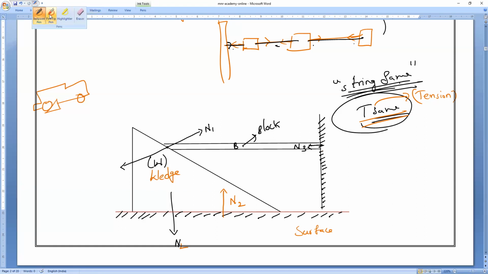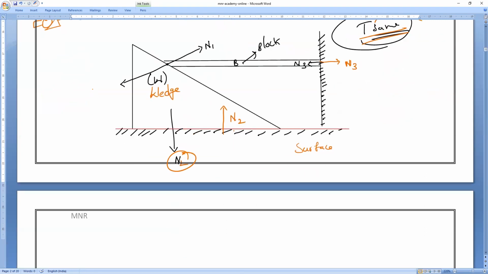Then the block also exerts a force on the rigid surface, which we also call the normal force. So always, when one surface exerts a force on a second surface, the second surface also exerts a force on the first surface. Hope you all understand what I'm saying.